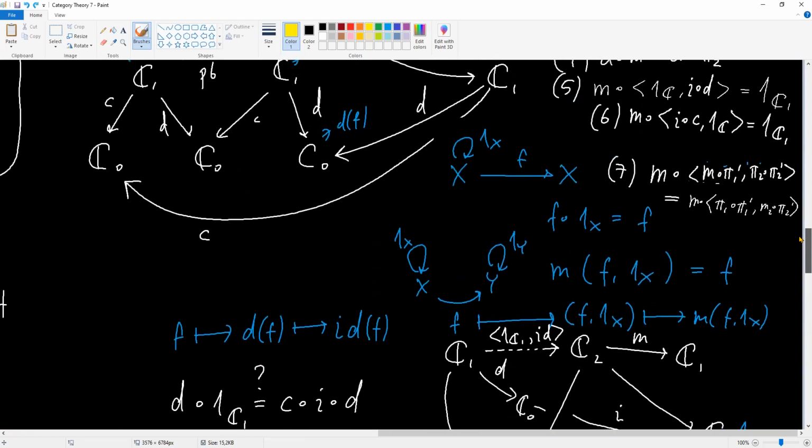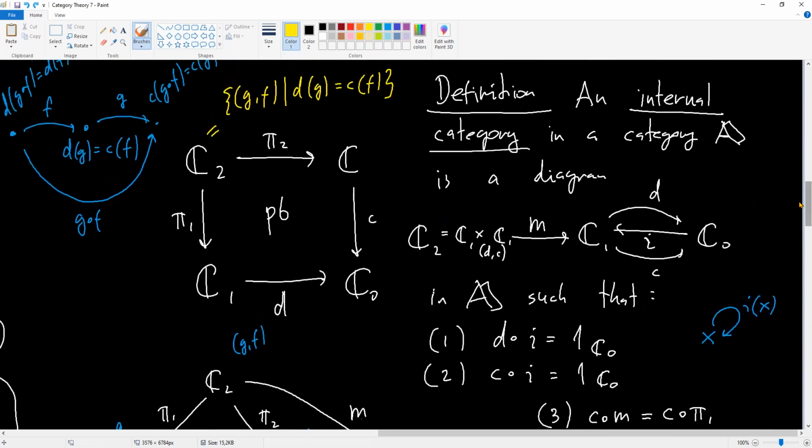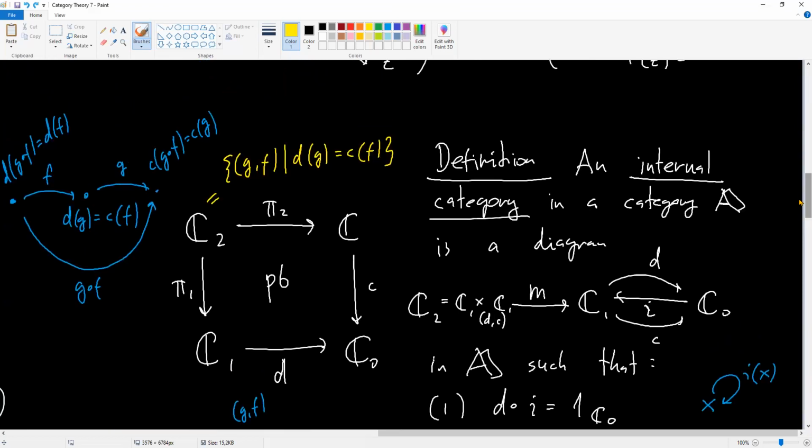And yes, indeed, now the conclusion is that if I have any category that has pullbacks, inside it I can define an internal category. And if I had been working with this A being the category of classes of sets, then an internal category in that would be the usual categories we've been talking about thus far.